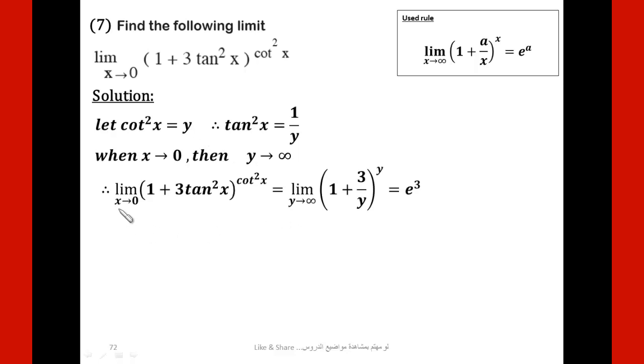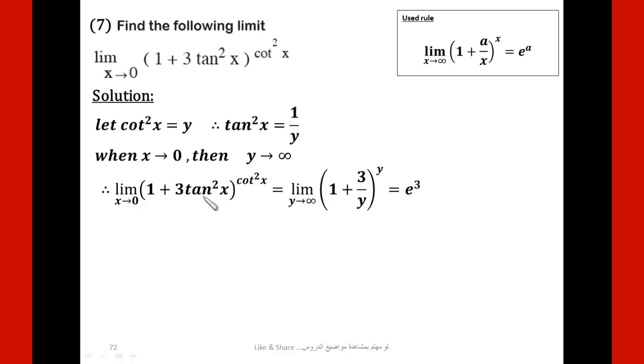So the limit of 1 plus 3 tan square x power cotan square x when x tends to 0 is equivalent to the limit of 1 plus 3 over y power y as y tends to infinity. We have two equivalent limits.